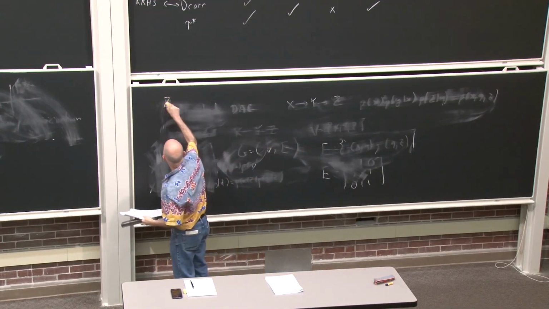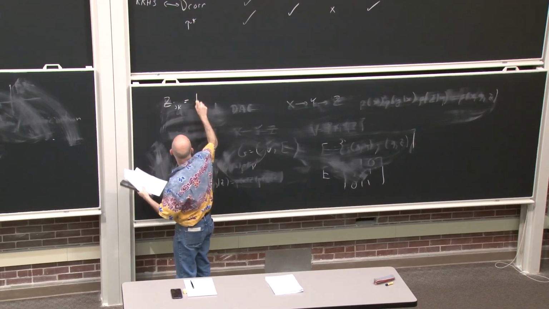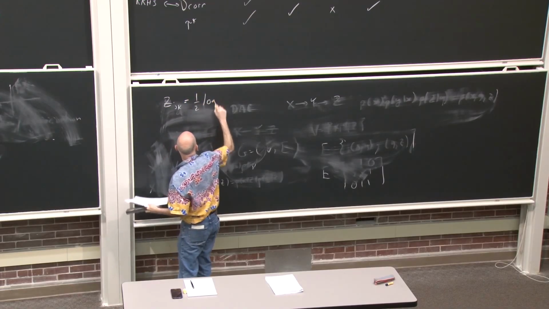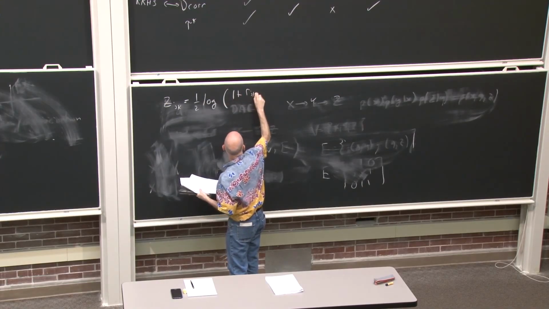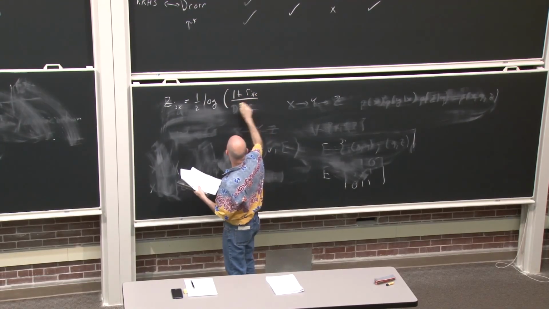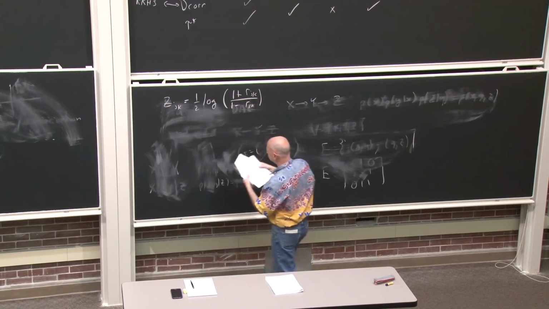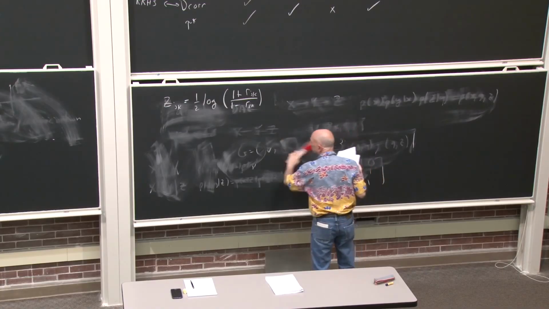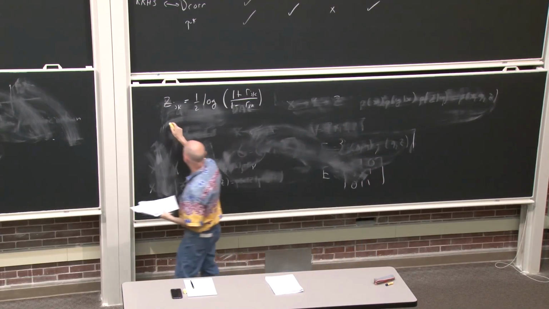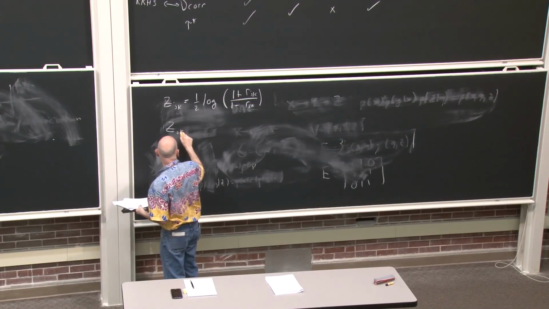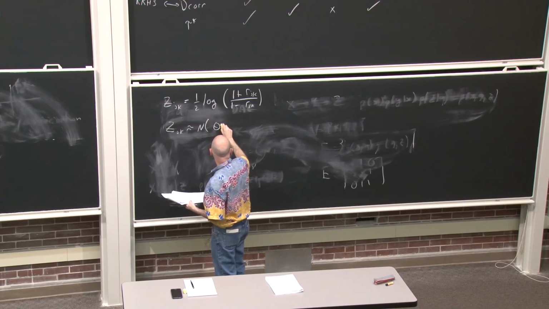Which is defined as follows. Zjk is equal to 1/2 log of 1 plus r, where r is the sample correlation between the jk feature. And what Fisher showed was that this satisfies the central limit theorem. This is approximately normal with some mean.